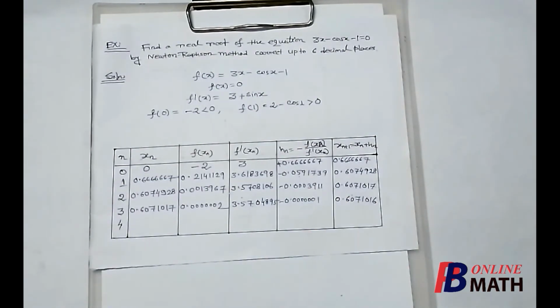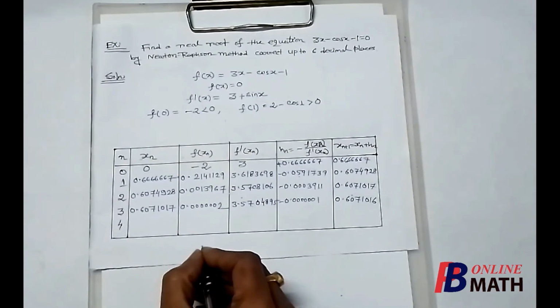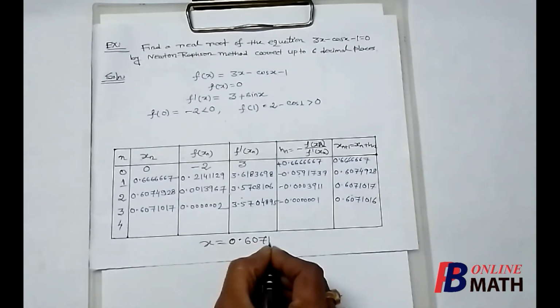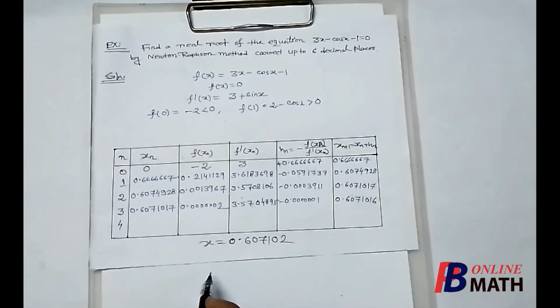So we write here the required root is x equal to 0.607102. So this is the required root correct up to 6 decimal places. Now here we have found that the real root correct up to 6 decimal places has been obtained by only 4 steps.